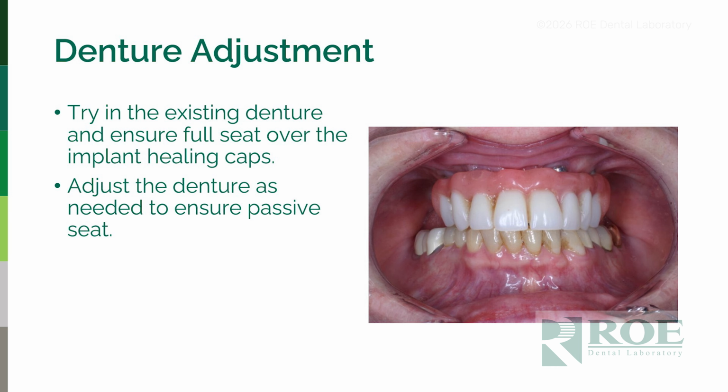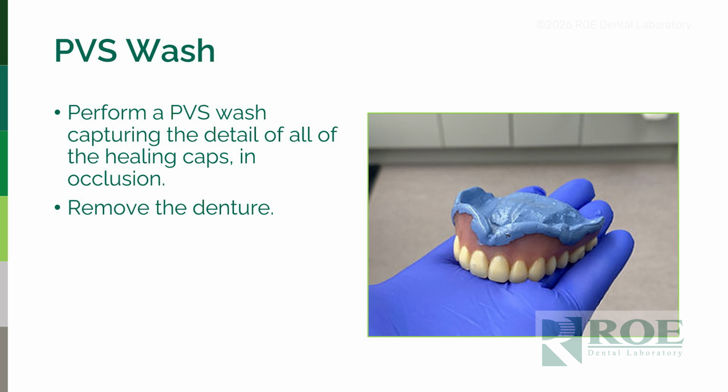If in some instances you're worried about maybe trimming more of the denture, you can iOS scan a temporary denture, print it, send it to the lab, get a second one printed. That's possible as well. And then what we need you to do is reline that temporary denture in PVS. But very importantly, we need you to capture the MUA caps so that there's a reference point whenever this is then scanned.